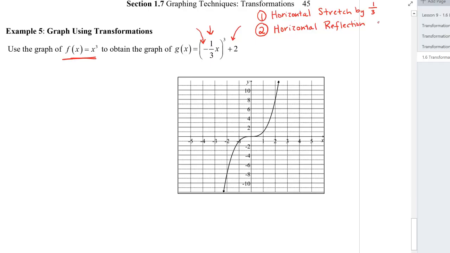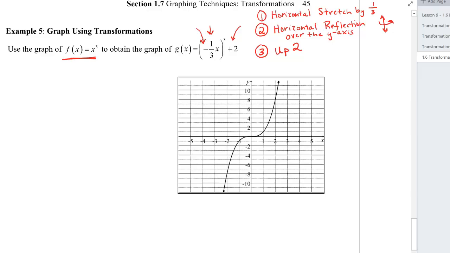So a horizontal reflection reflects it this way to the side, and so that's going to be over the y-axis because the y-axis is the one that goes up and down. And then the third transformation is this +2. It's not inside with x, so it's a vertical shift, and that would be up 2.